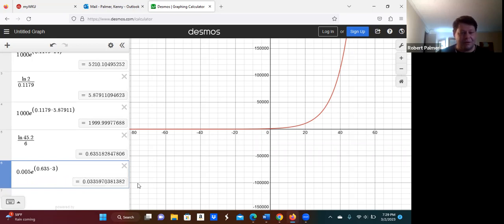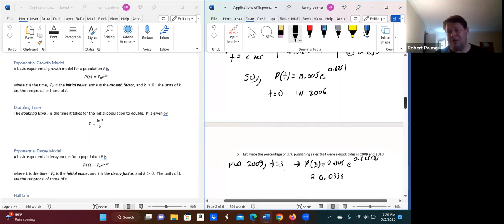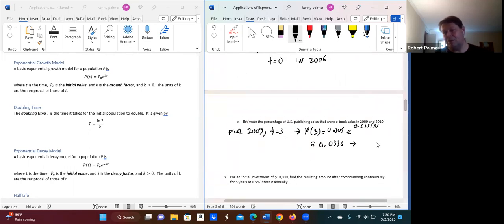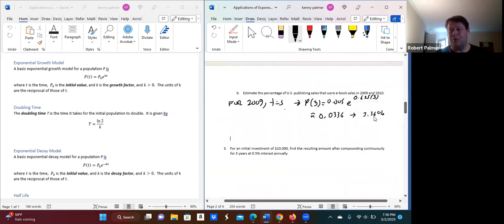And so that is going to be 0.0336, to 4 decimal places. Remember, this is a decimal, so I have to change it to a percent. That's 3.36%. So in 3 years, it's grown from 0.5% to about 3.4%.